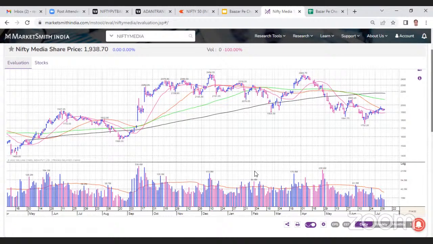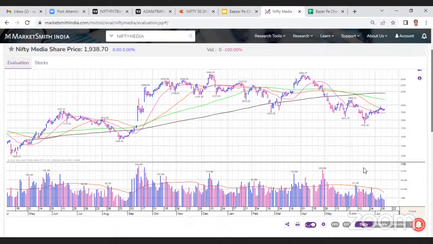But yes, some positive bounce back may happen. I am not denying that, but subject to holding above 1925 or 1930. And today's closing is also placed around 1930. So suppose it remains holding above 1930. In such a case, it may bounce back, and such a bounce back may lead it toward the level of 2050.